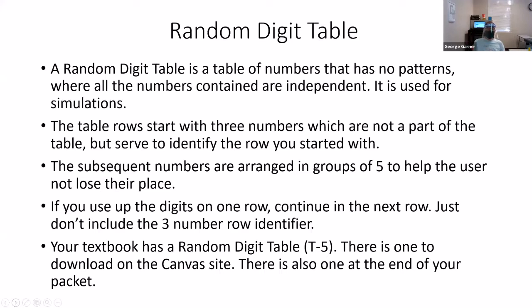So that's how we'll deal with it. And if we're running across a row and we reach the end, but we need more numbers, you just pop down to the next row and keep going. Just don't include that new 3-number row identifier as part of your random digit table. All right, so it'll be an interesting experience.